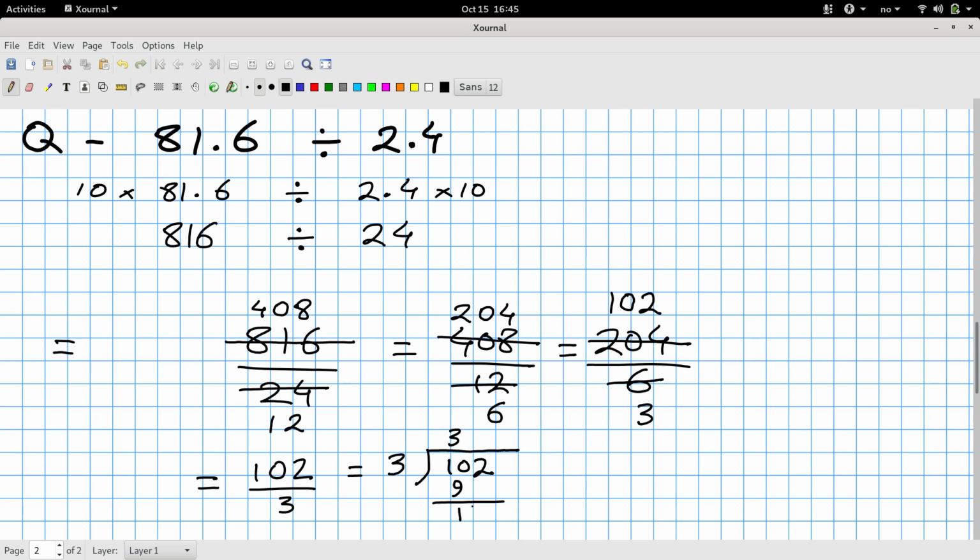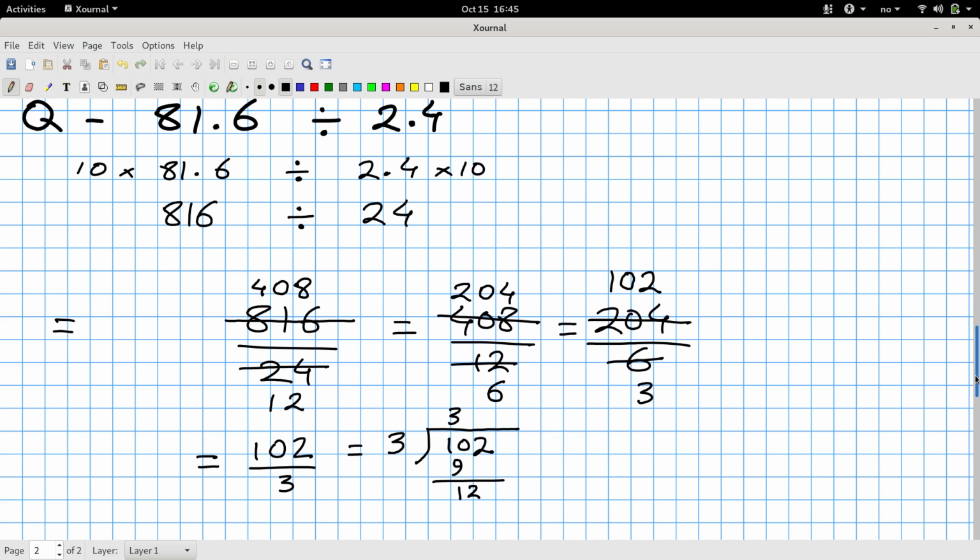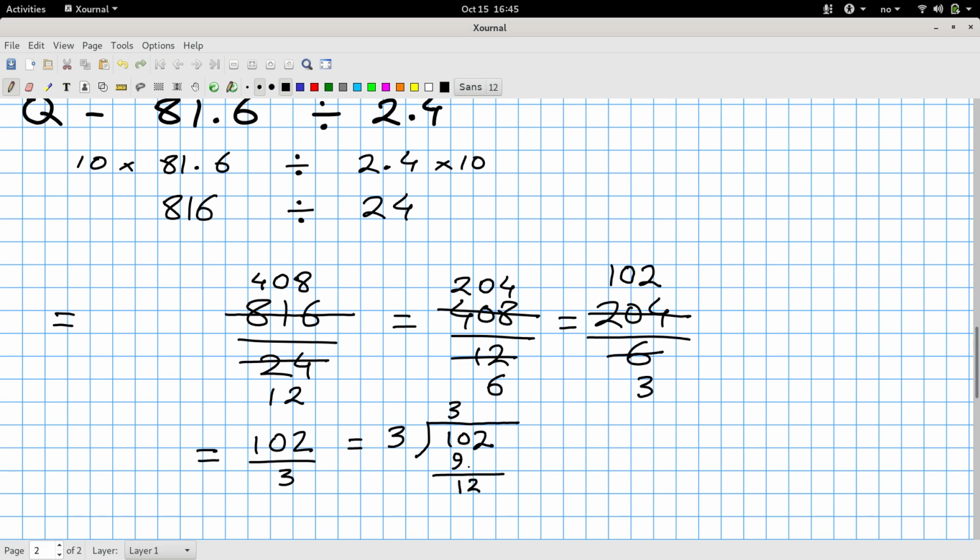This is the remainder, so we bring down 2, and we know in 3's table we get 12 by multiplying 3 by 4. 3 4s are 12, and we subtract them and we get nothing here. So the answer is 34. That is your answer.